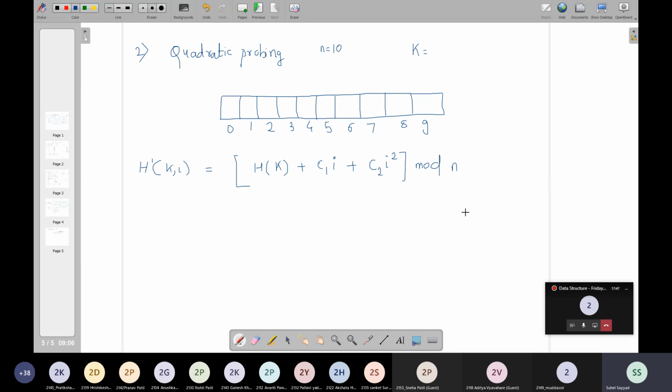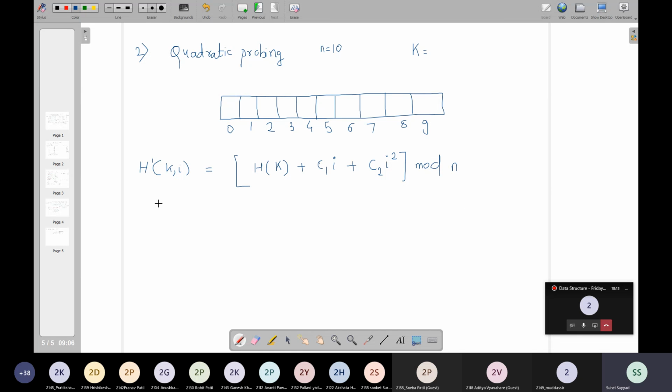I'll repeat the equation. What is the equation of quadratic probing? The quadratic probing hash function h dash for key value k is given as h dash of k comma I is equal to h of k plus c1I plus c2I square mod n.